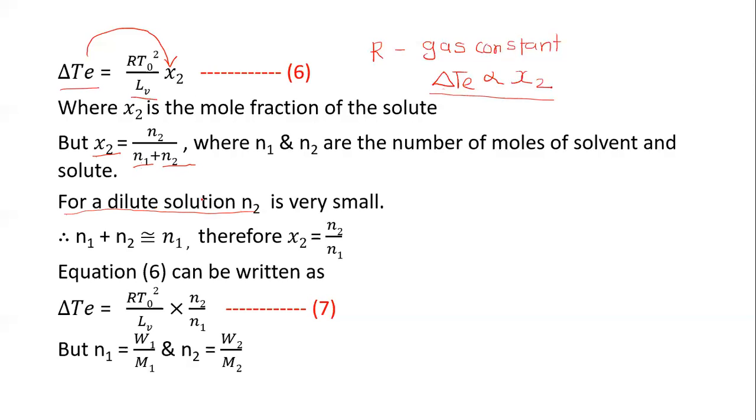For a dilute solution, if the solution becomes very dilute, then N2 is very small. Therefore the sum of the number of moles of the solvent and the solute, N1 plus N2, is approximately equal to N1.